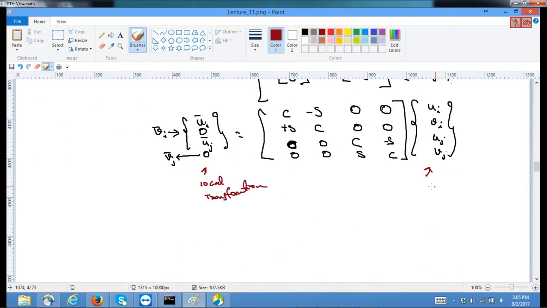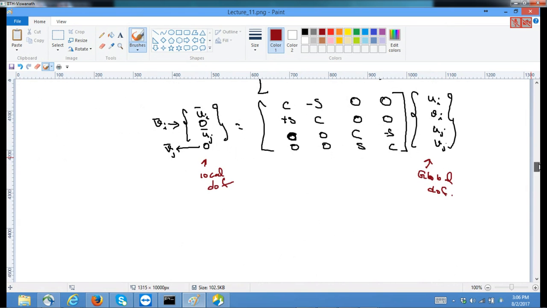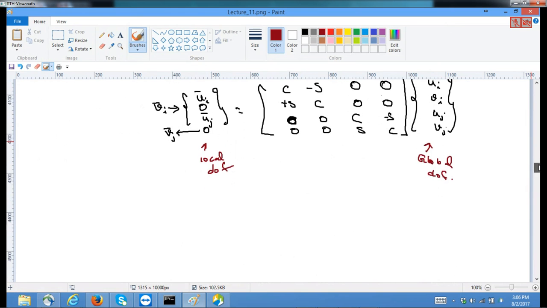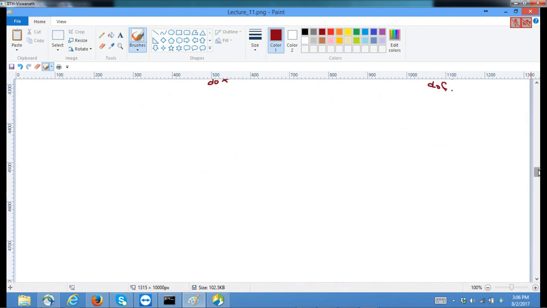Sorry, these are local degrees of freedom, and this is global degree of freedom. So this transformation is useful to deal with the trusses. So anyway, first let's take an example of a truss, and use the above things later to solve the problem.